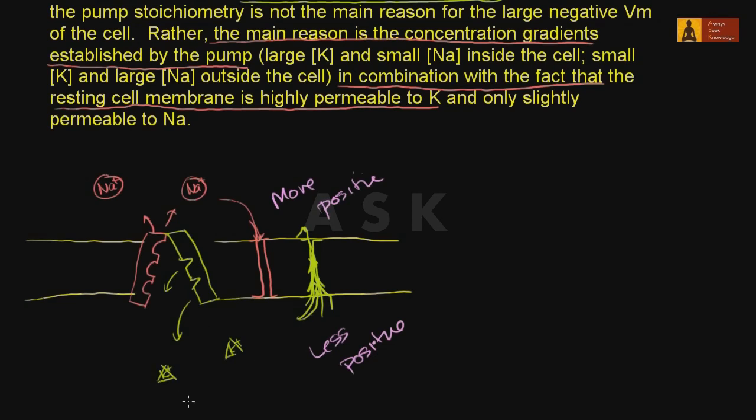Because you have a higher concentration of potassium here than over here. So you're more likely to have a potassium bump in just the right way to get through this channel and get out than you are to have a sodium go the opposite direction. So you have more potassium coming outside because of this permeability than sodium coming inside. And that is the main cause of the potential difference between the outside and the inside.